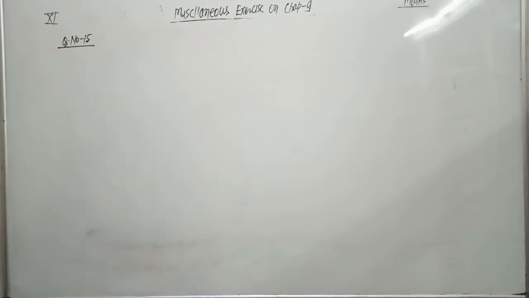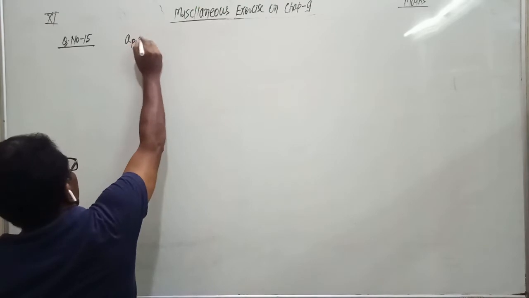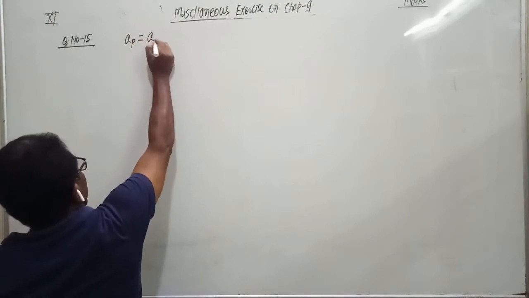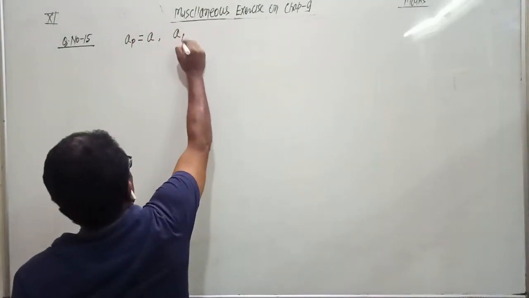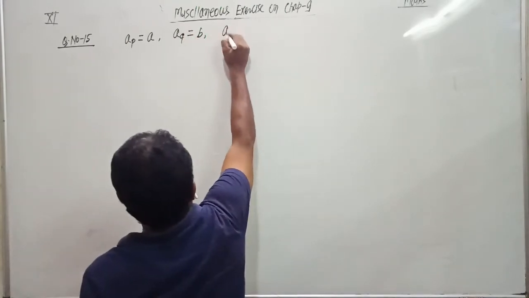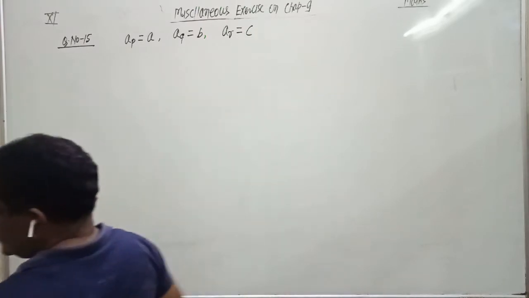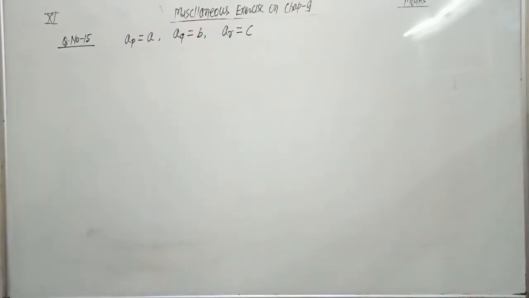It is given that the pth, qth and rth terms of an AP are a, b and c.